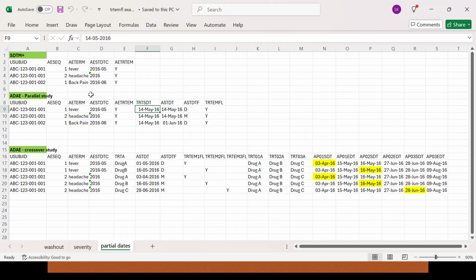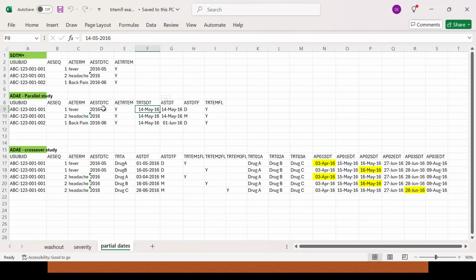Now, considering first the parallel study, let's see how the adverse event start date for fever will be imputed in this scenario. Now, the adverse event start date is May 2016. And when we see the treatment start date here, again, the month is May and year is 2016. So it is same as the AE start date.